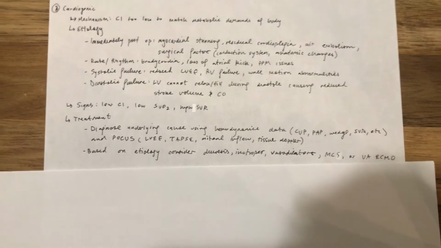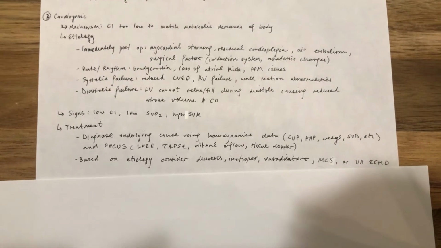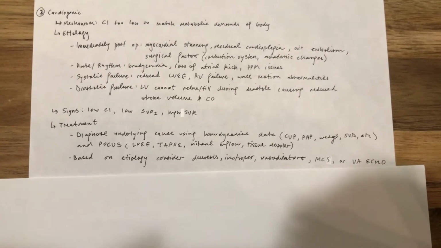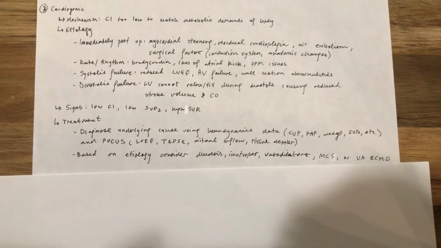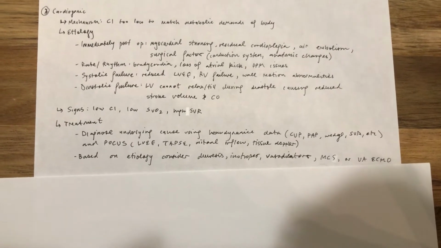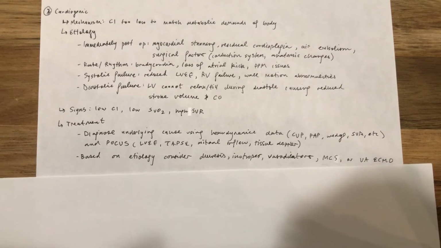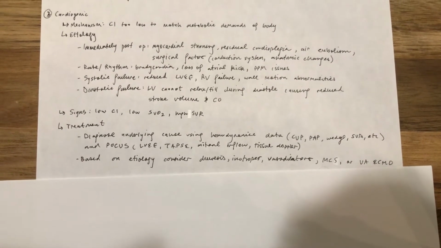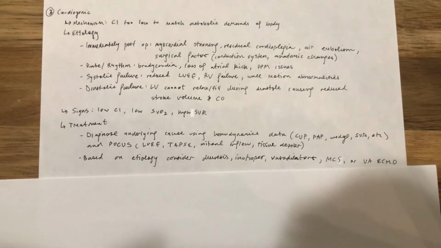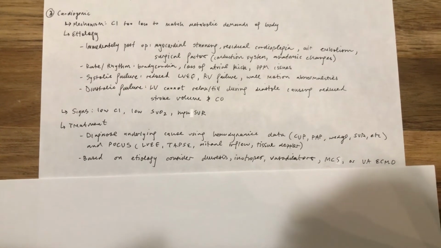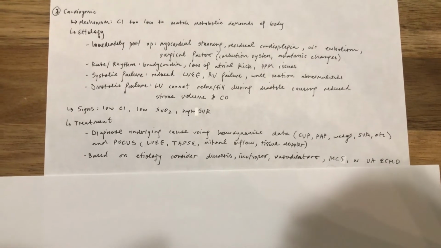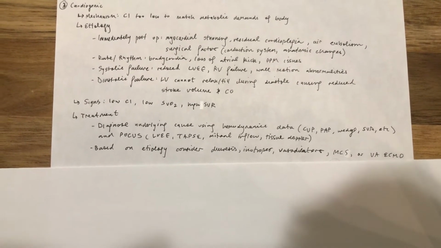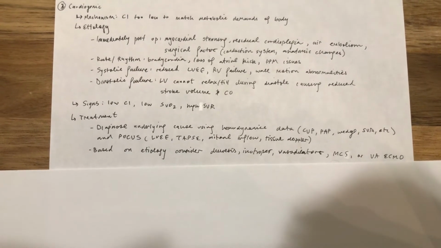In terms of bypass, you get a myocardial stunning from the pump run. Patients can have some residual cardioplegia that hasn't been cleared out yet, or there can be an air embolism in one or both of the coronary arteries. There can also be some surgical factors, right? So perhaps the conduction system was damaged during surgery. Perhaps after surgery, there's a new anatomic change.